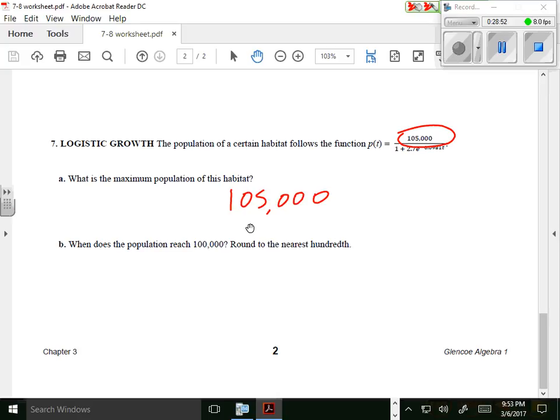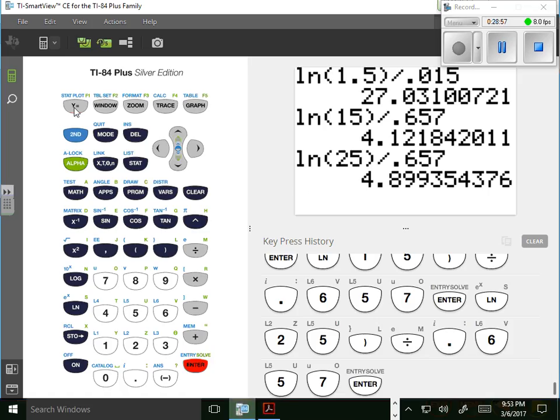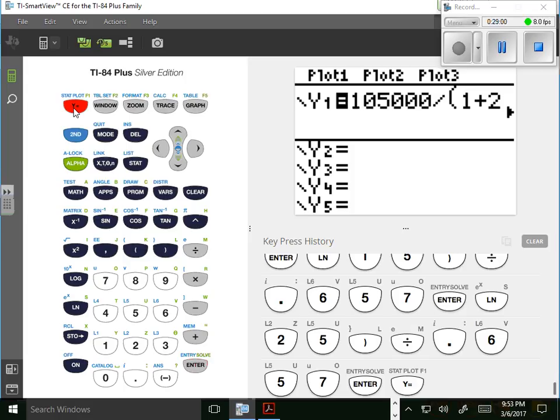And then if you scroll through your table, let's just do it. So my calculator in y equals, if I put that whole thing, and you got to put it in the calculator right, 105,000 divided by 1 plus 2.7 e, and as the exponent I need to put that in parentheses, negative 0.0981 t, or we're going to call it x, close parenthesis.